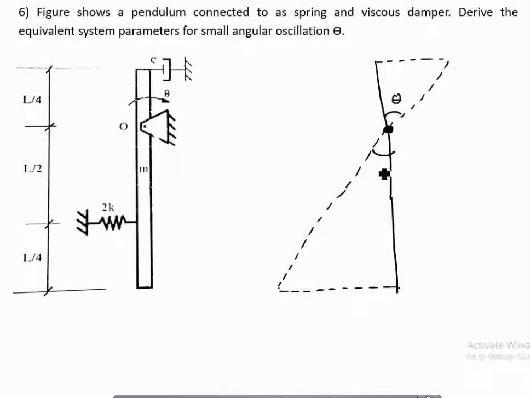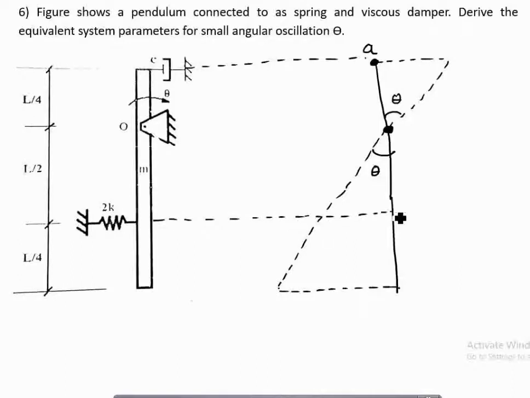So this is a slender bar, or you can call it a pendulum also, displaced by a small angle theta. Let me call this point A. This point A is where the damper is connected. At this particular point, let me call it the spring point, where the spring is connected.